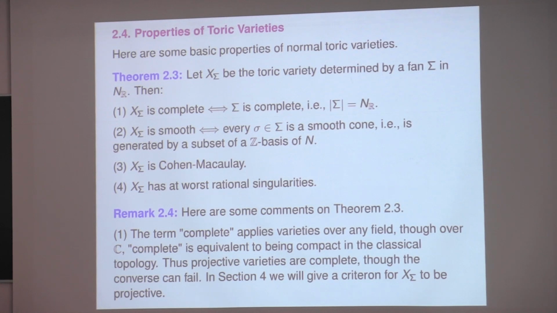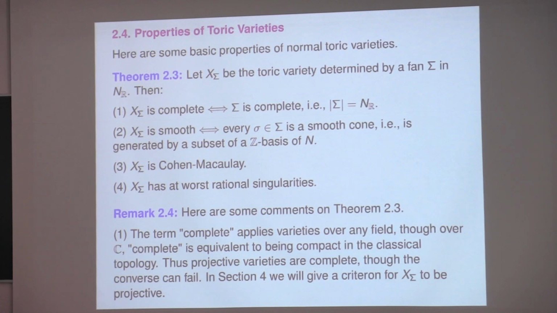In that particular case, this word complete just means being compact. So if you care only about the complex picture, we can say when the toric variety is compact. It's compact if and only if your sigma is what is called complete. What is that? That your cones cover the whole space where you started from.